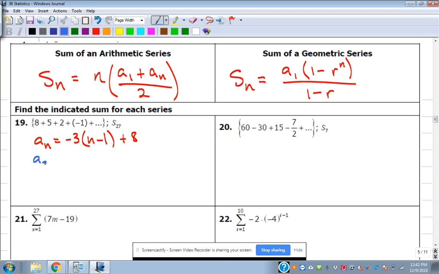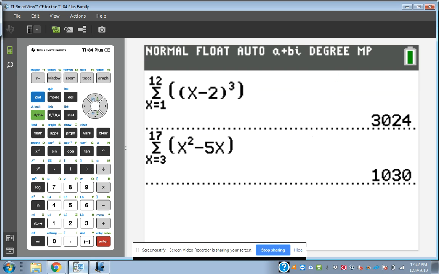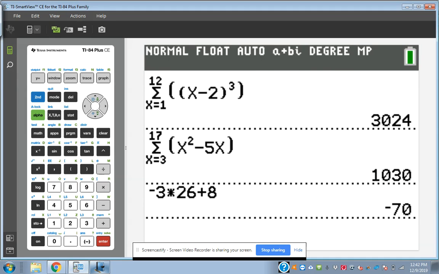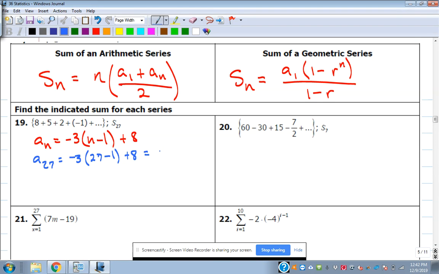So to find the 27th term, I'm working that out: negative 3 times 26 plus 8. So the 27th term is negative 70.